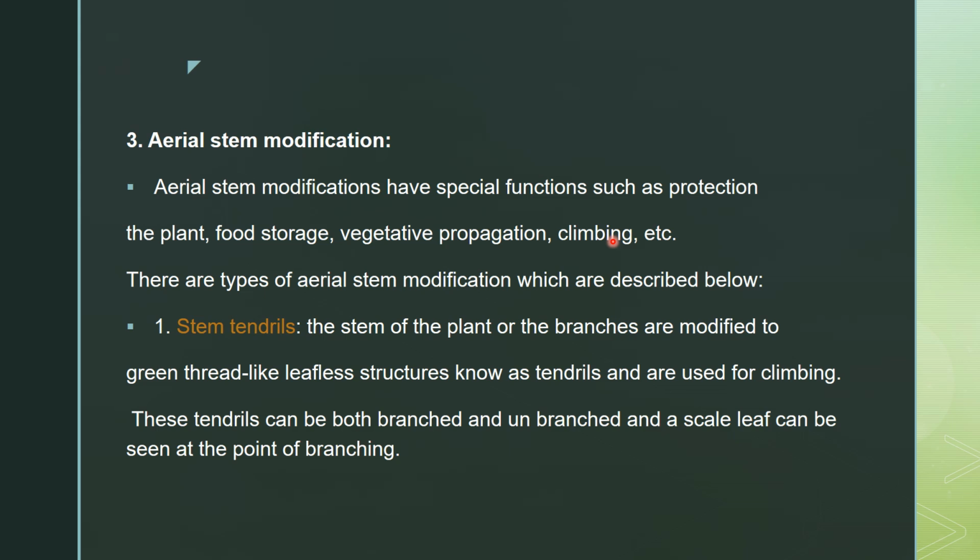There are types of aerial stem modification which are described below. Number 1, stem tendrils. Okay, I think now you know the stem tendrils well, so we can go to the picture to see them.